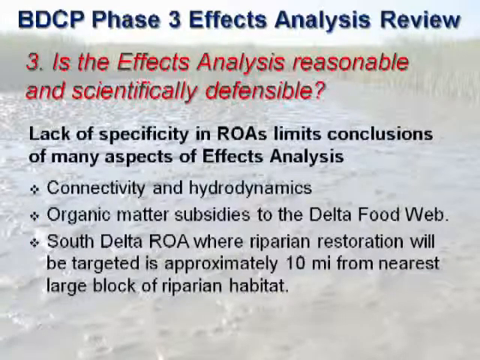And that's very hard to evaluate when we have no sense of whether these wetlands will be hydrodynamically connected to the larger bay or delta. So for instance, Suisun Marsh, if we're restoring areas of Suisun Marsh, how much connectivity is there going to be with Grizzly Bay and Suisun Bay to its south?